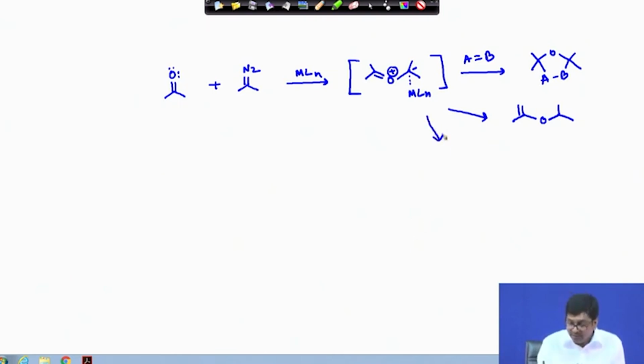It can also react over here, and this oxygen can come from this double bond, so overall it can give the corresponding epoxide product. So there are various ways that it can proceed.